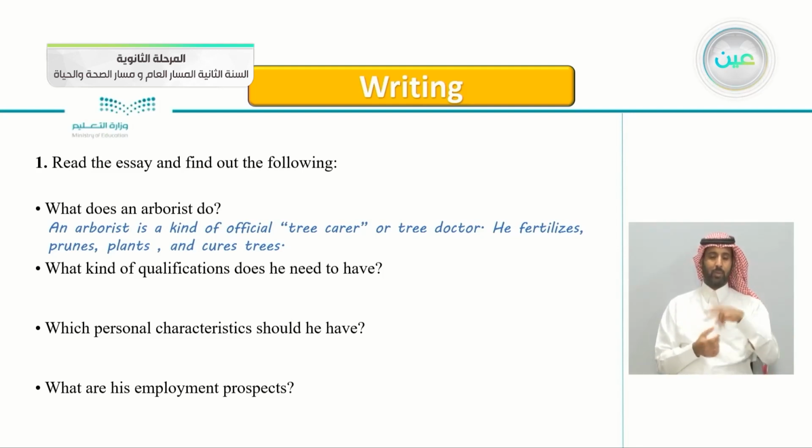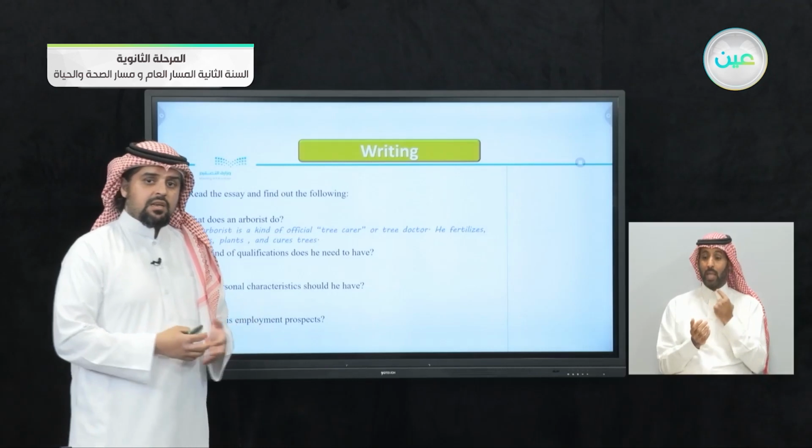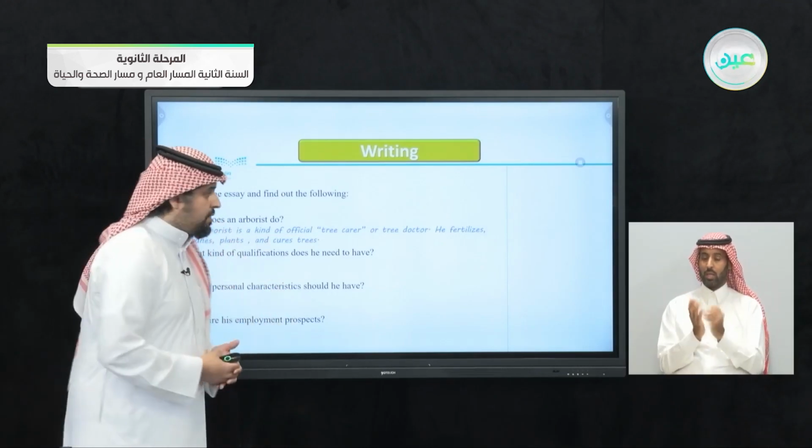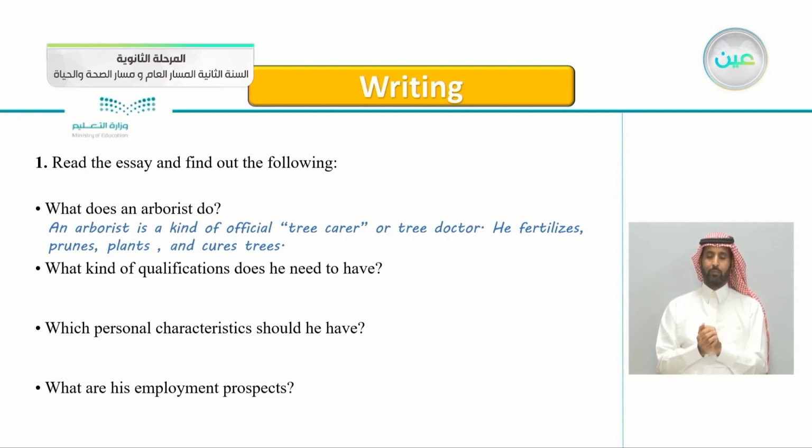Number 2, what kind of qualifications does he need to have? Of course, not anyone can become an arborist or a tree carer. You have to have some qualifications. What are they? You can look up the answer in the article. So let's check the answer together here.